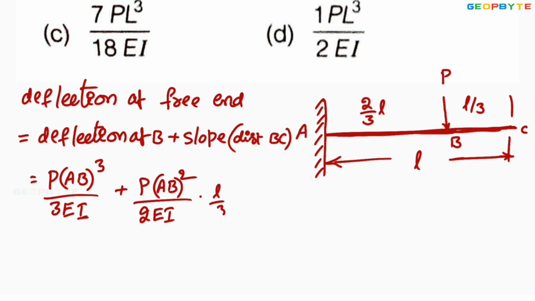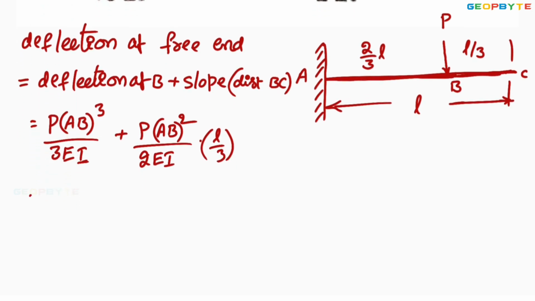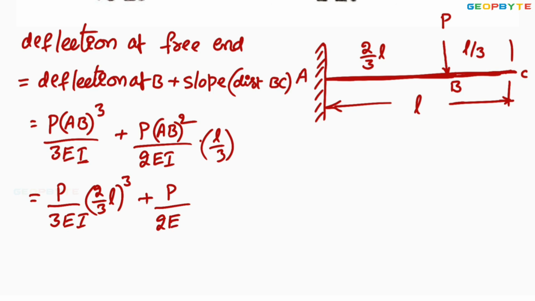The distance BC is L by 3. So it is equal to P by 3EI multiplied by AB distance, 2 by 3 into L, whole cube, plus P by 2EI, AB distance 2 by 3 into L, whole square, into L by 3.